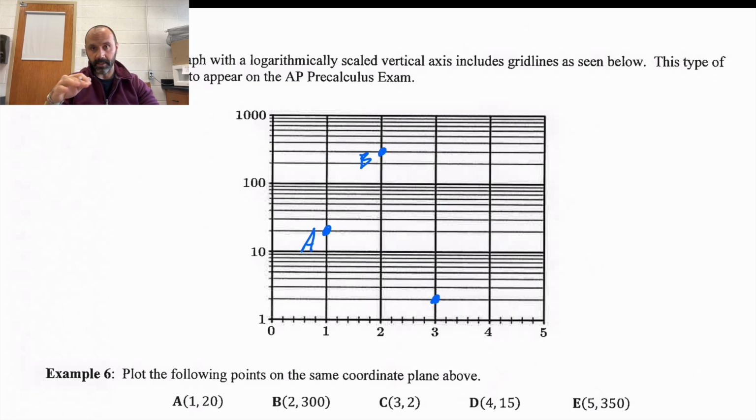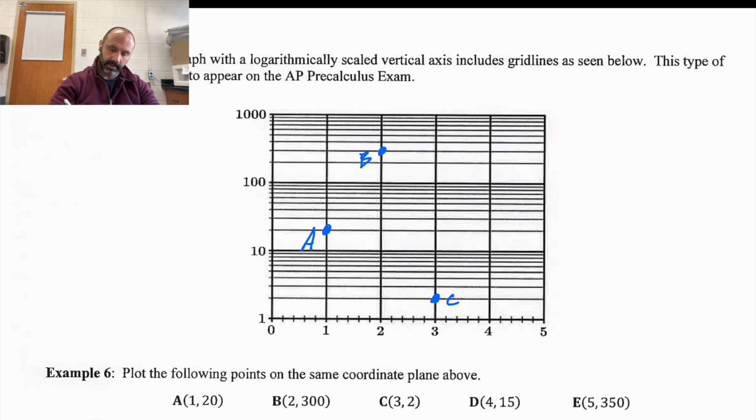Careful, because that bottom line is not 0, it's 1. And so that's C. D is 4 comma 15. That's tricky because I don't have a particular line for that. 10, the next line up is 20, so I'm going to be about halfway between those two. D is going to be about here.